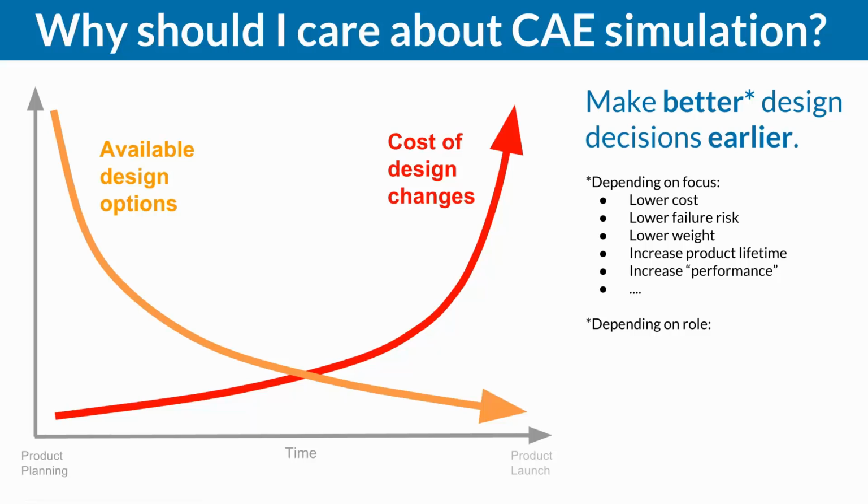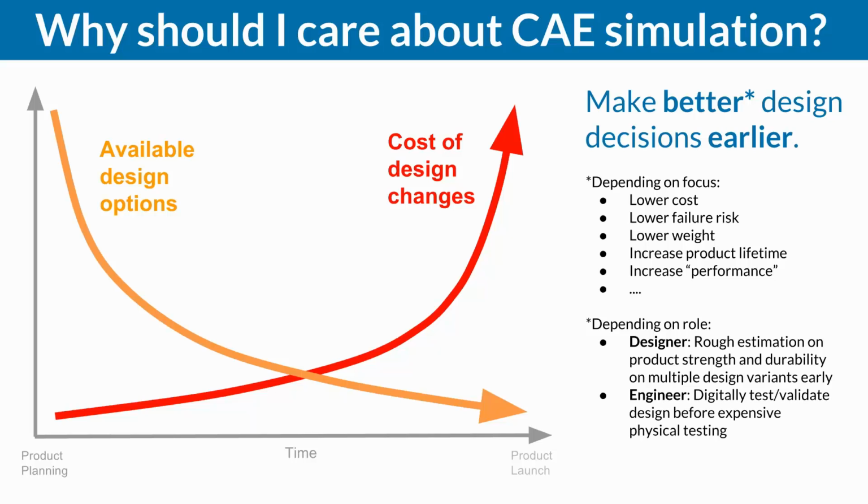Designers and engineers might also focus on different aspects, and sometimes are in different stages of the design process. A designer, early in the design process, probably just needs a rough estimation of the product strength and its durability, and wants to make sure he can test multiple design variants.